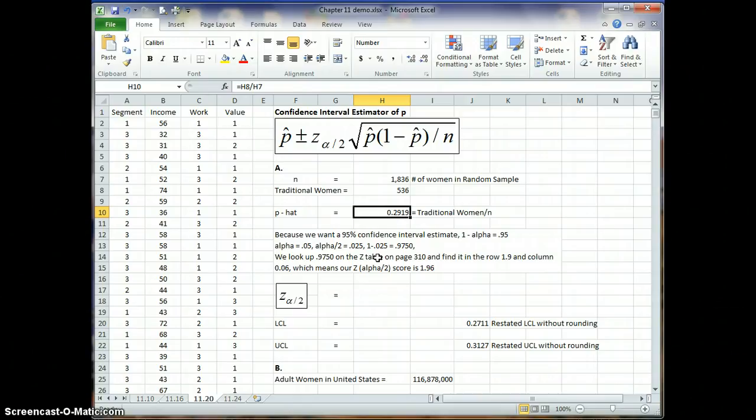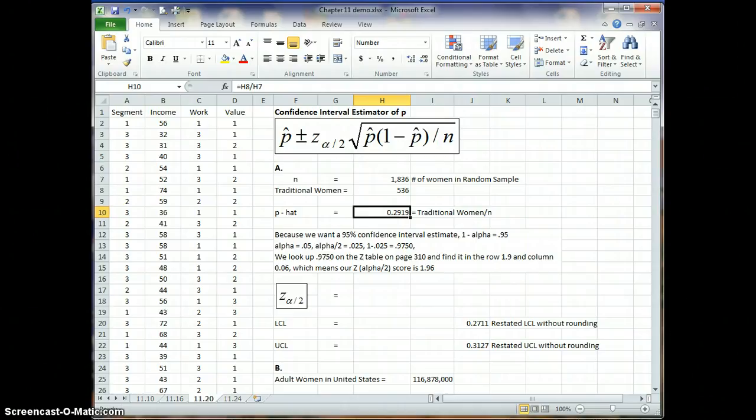We did all that with the confidence interval because up here in the formula it's p-hat plus or minus z with alpha divided by 2, times the square root of p-hat times 1 minus p-hat divided by n.